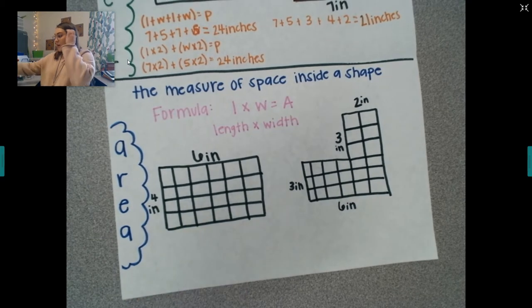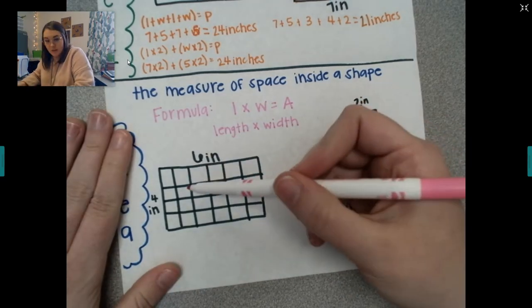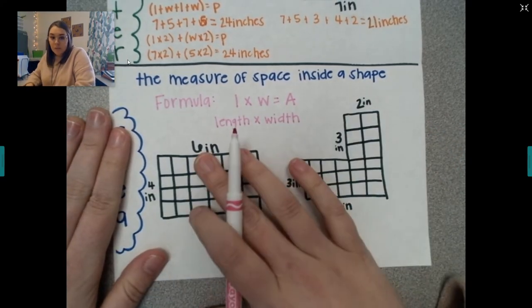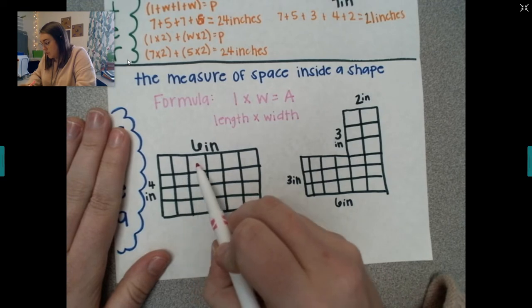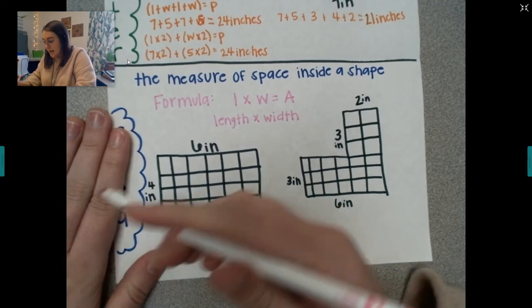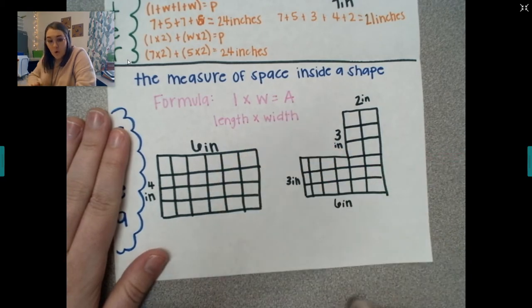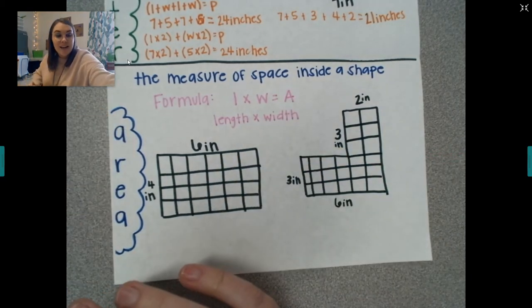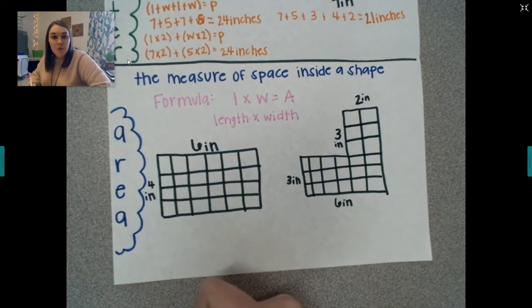Notice there's something that you can do with area. If you have it on grid paper, like this one is, it has 1, 2, 3, 4, 5, 6 squares on one side and 1, 2, 3, 4 squares on the other side. So our formula for area is length times width.